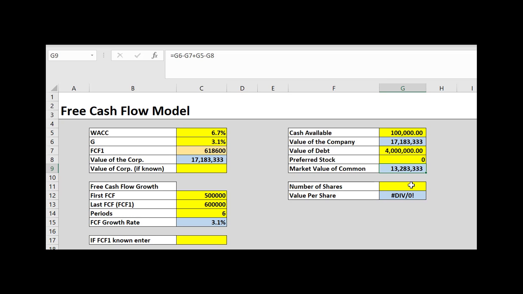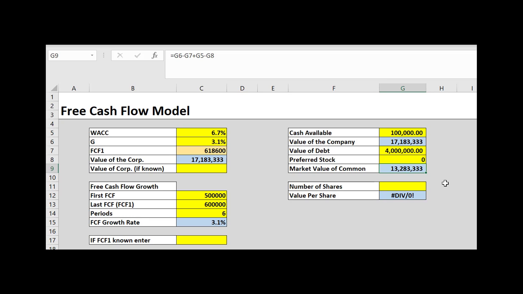How many shares of stock does the company have? Well, let's stop before we get there. If this is a partnership, this is what you would pay to buy the entire asset or the entire company, $13.283 million.